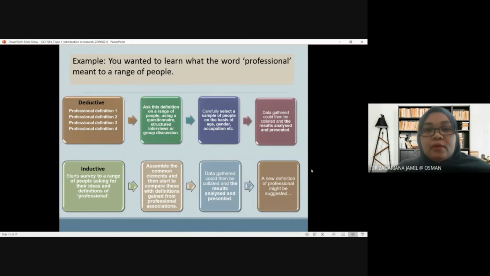So it might produce new terms or a new definition of professional suggested by the community or the sample.